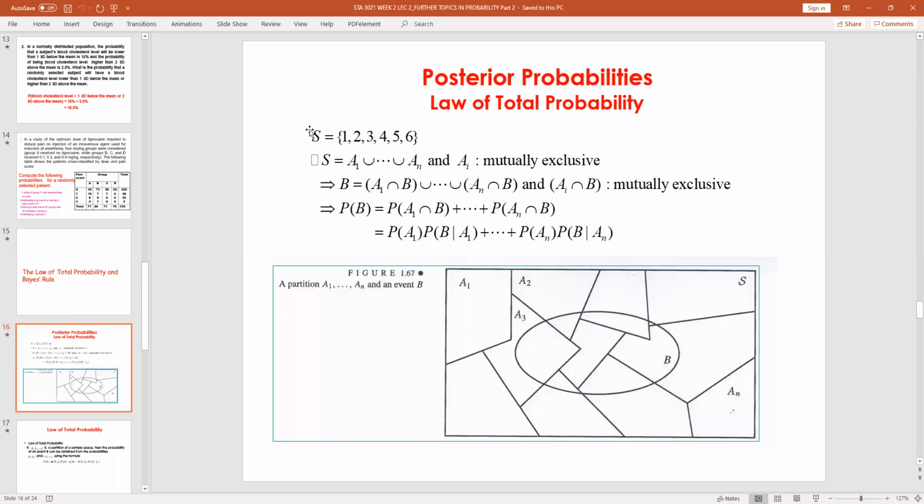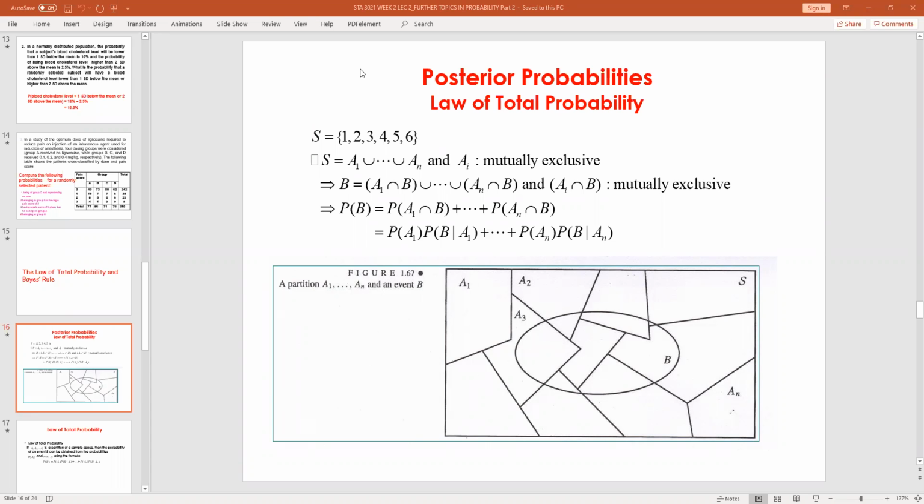In a sample space, we actually have the collection of possibilities. If you take a look at the sample space right here, we got 1, 2, 3, 4, 5, 6. What I'm trying to talk about is, in my sample space, how many possibilities do I have?